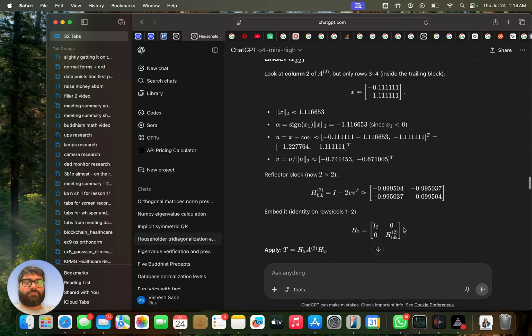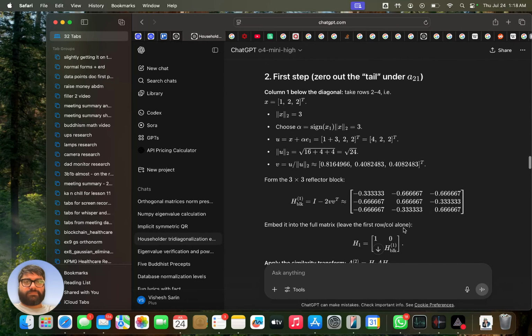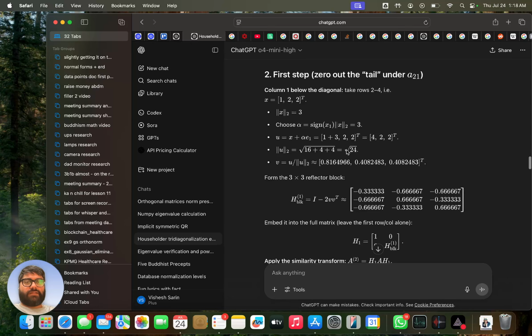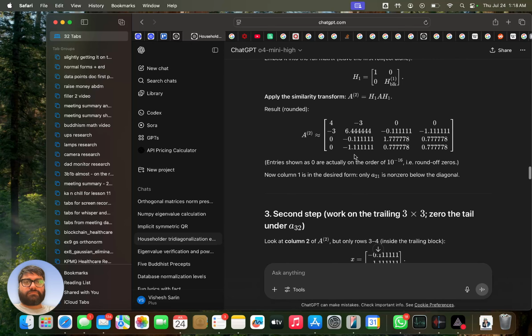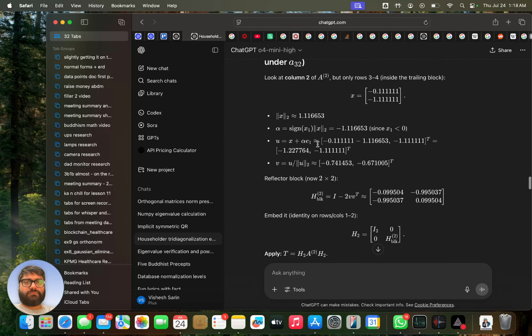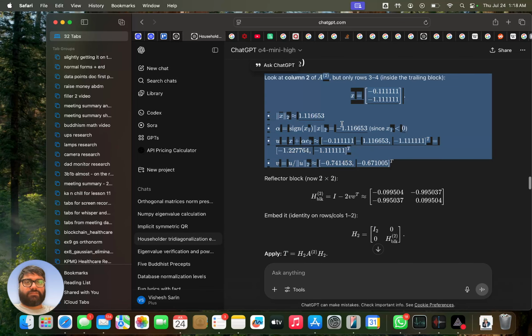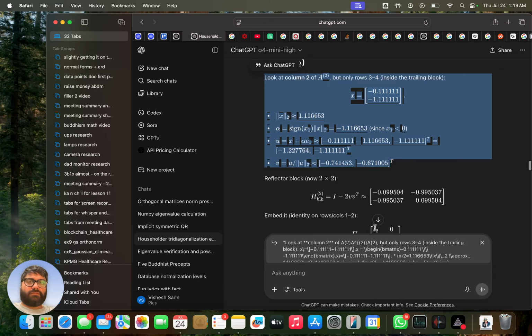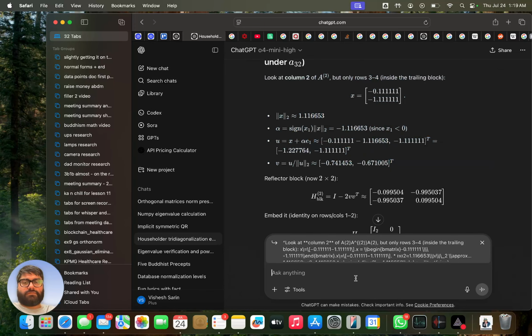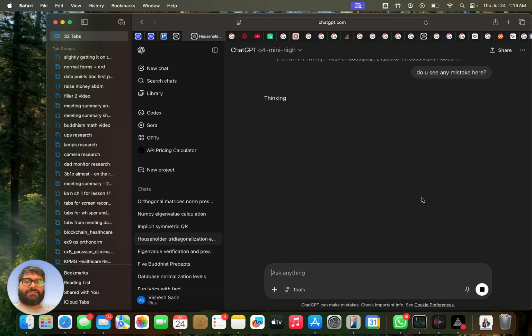So anyways, going back through this, that applies here. I'm gonna see if it sees what it got wrong here, because I think that's just a ChatGPT math mistake.